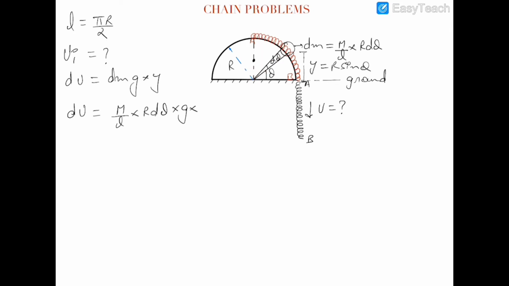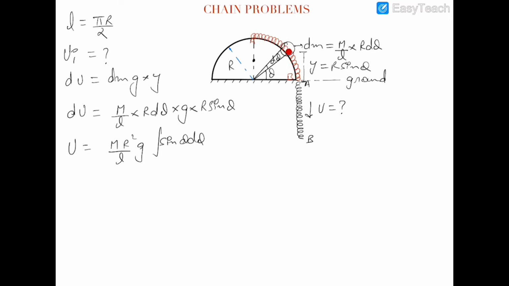So U will be equal to m r square by L g, integration of sin theta d theta. The limit is from 0 to pi by 2.